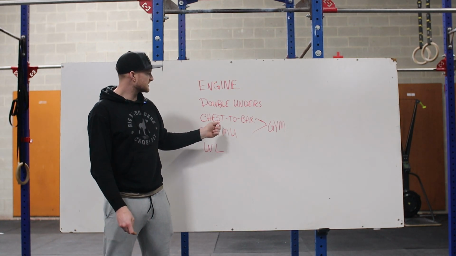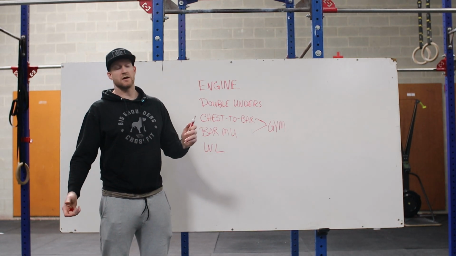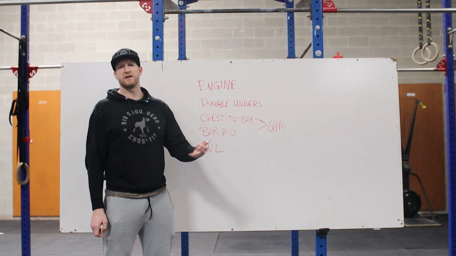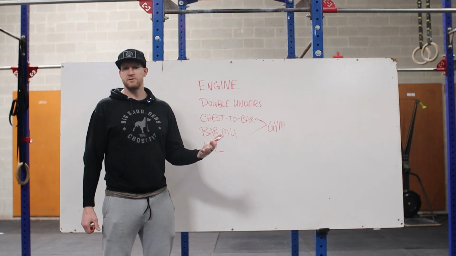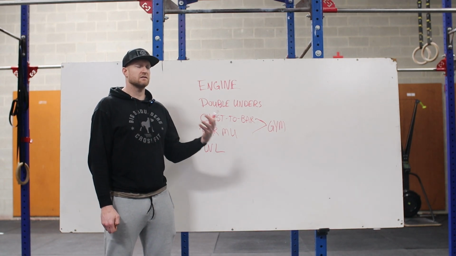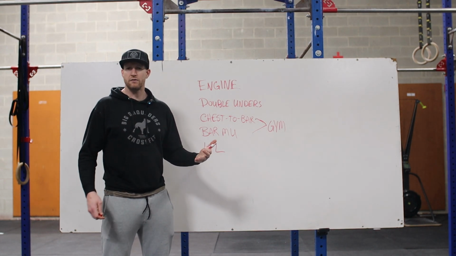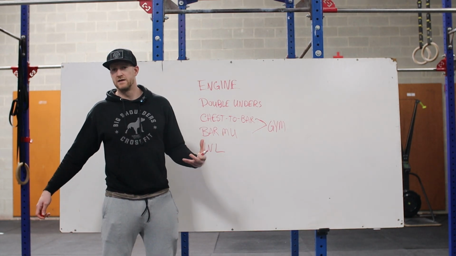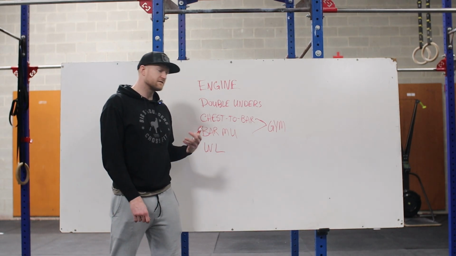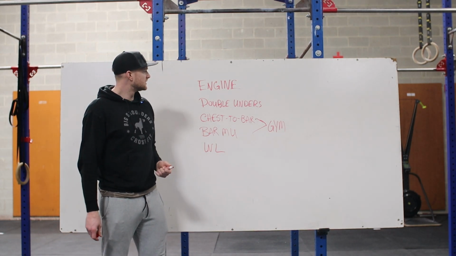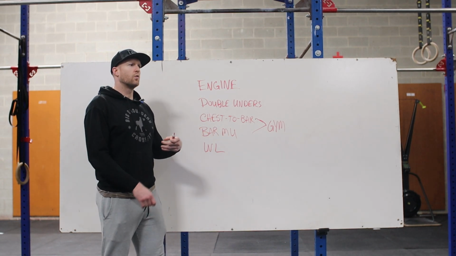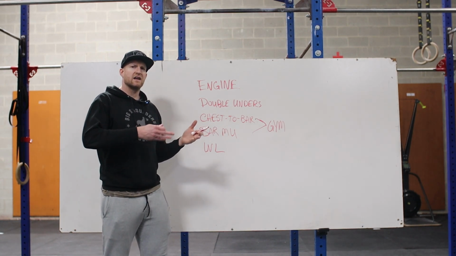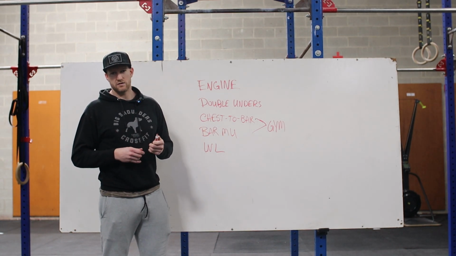So if you're wanting to get bigger sets of bar muscle-ups or chest to bar, instead of just trying to do singles on a more regular basis, keep using a band and see, can you get 10 in a row, 15 in a row, 20 in a row? Build that volume under fatigue and that stamina under fatigue with a band so that you can then start doing that without the band.